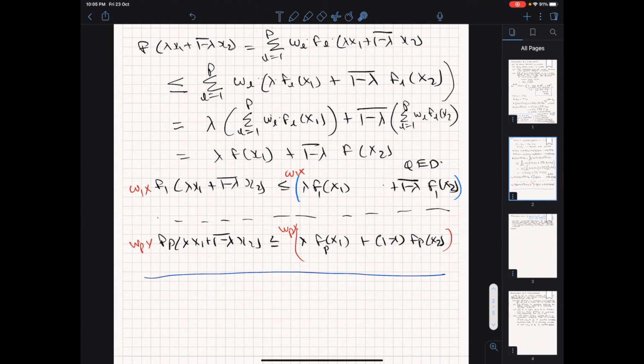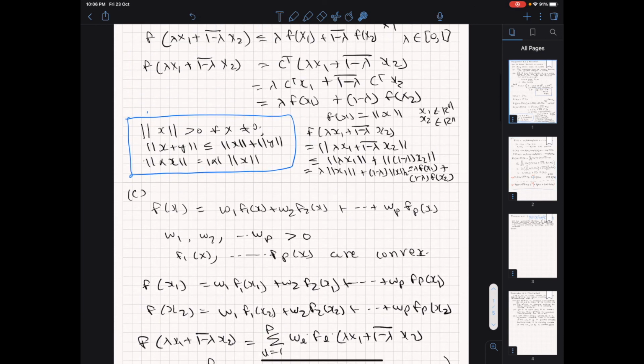And then finally I got it in the form that I need to prove the convexity. Okay, so that proves the C part of it.